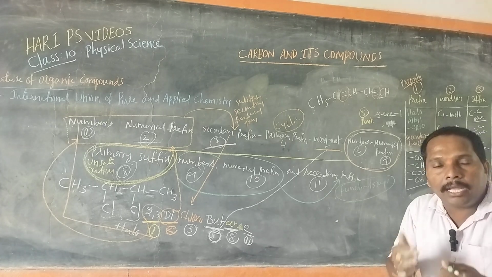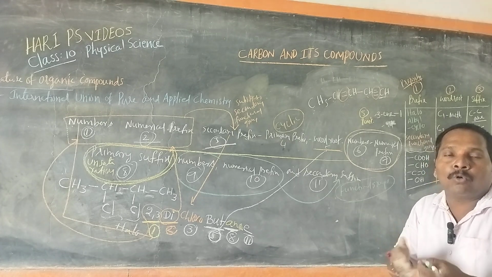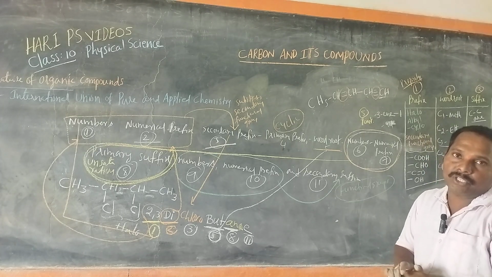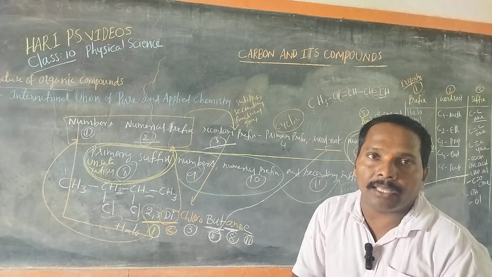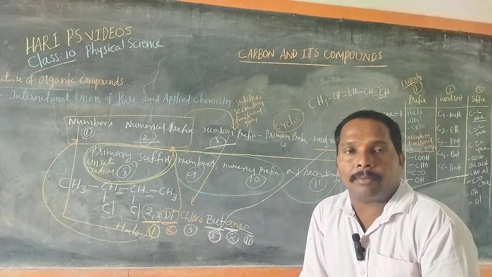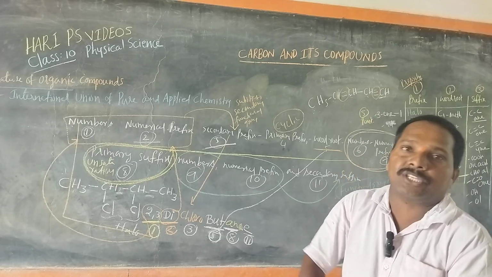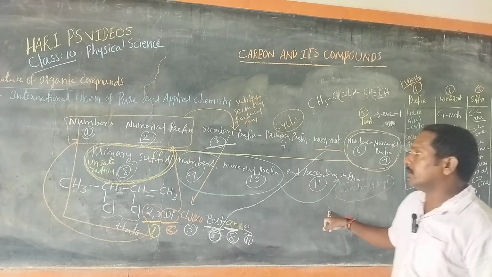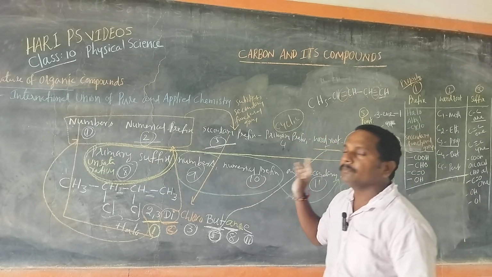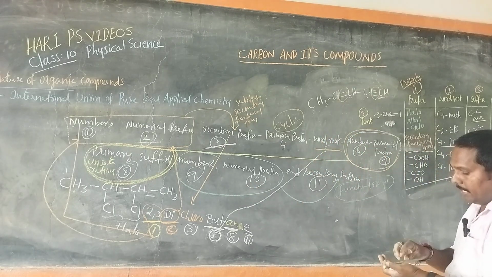If an organic compound has two or more functional groups, how many functional groups are there, and for which carbon atoms they are attached or connected, we can explain with 9 and 10.